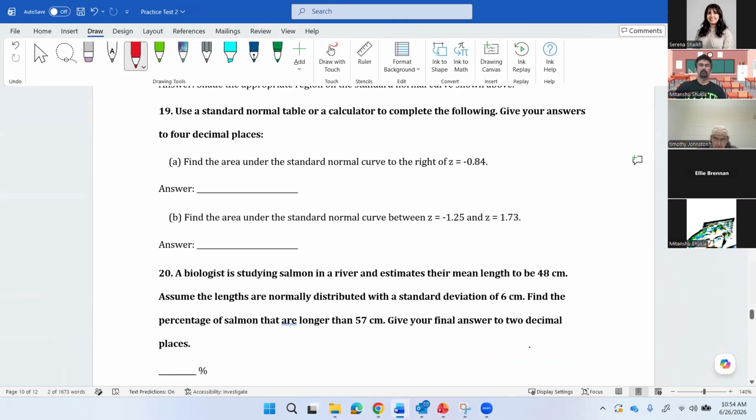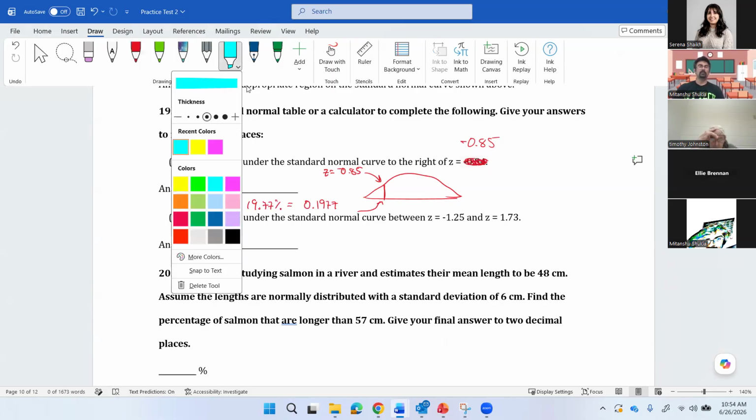So what does that mean? That means that it is somewhere over here, and it is an area of 0.1977, which is the same thing as 19.77%.